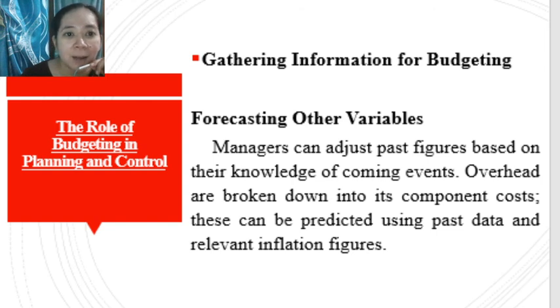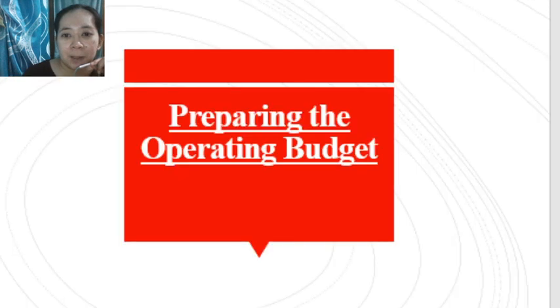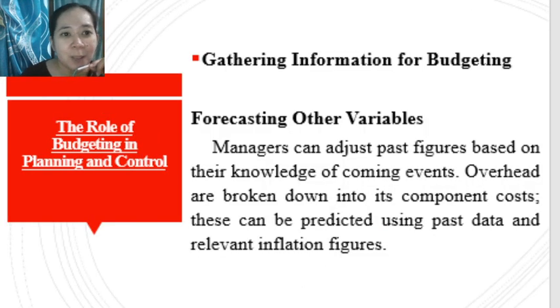Overhead is also broken into its component costs. This can be predicted using the past data as well as relevant information for the figures that will be reflected in the budget. Those are the different factors and considerations for budgeting and its role in planning and control.